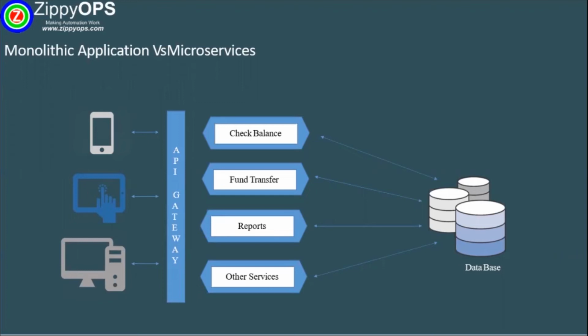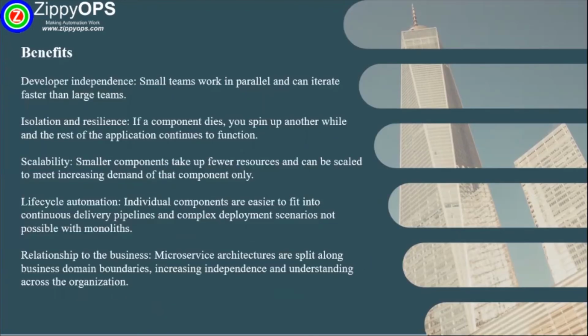So these are all the advantages of going into microservices. Coming back to the benefits: faster development, isolation and resilience, scalability will be much faster, it takes fewer resources, and lifecycle automation. As these are small components, you will be able to automatically deploy them, with automated testing environments and all those things, and a relationship to the business.